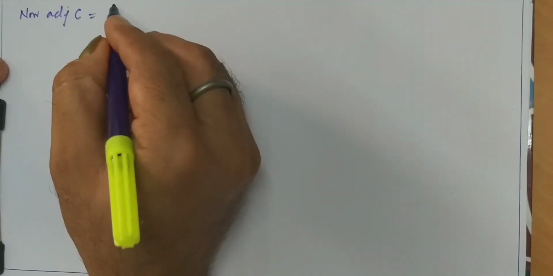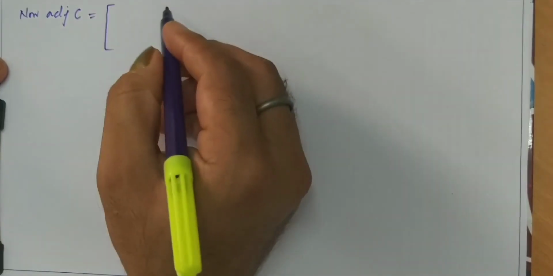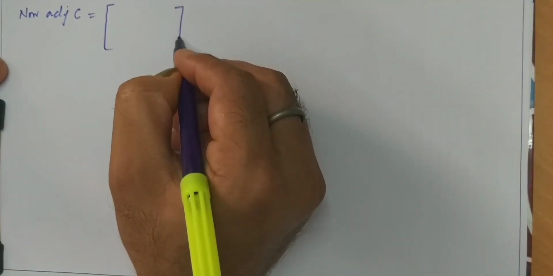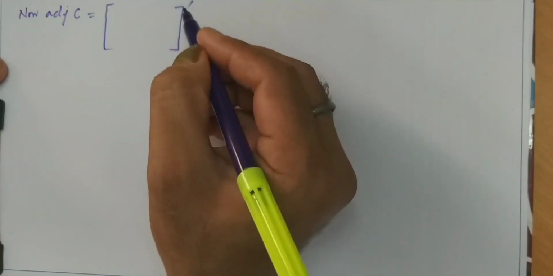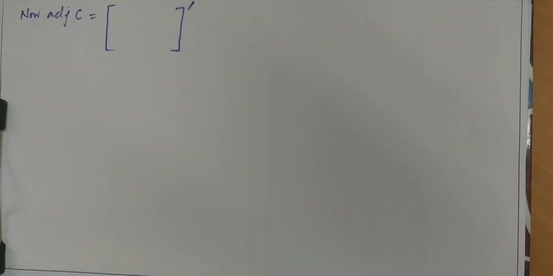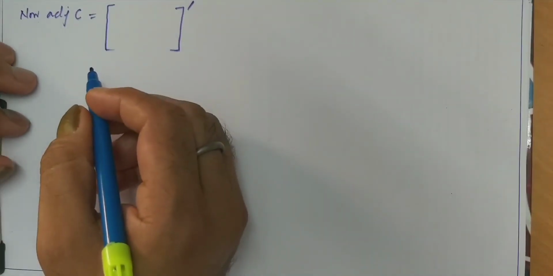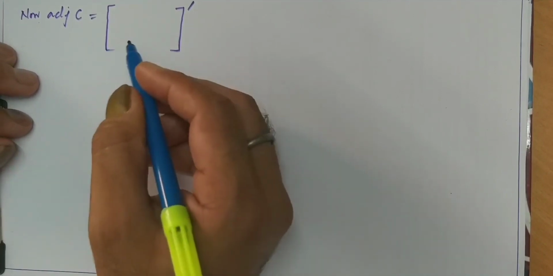Now the adjoint of matrix C will be written as the matrix which we get after putting all the cofactors, and then taking its transpose. So the positions, as we got from the determinant, all the minors, all the cofactors, those values we are going to put.